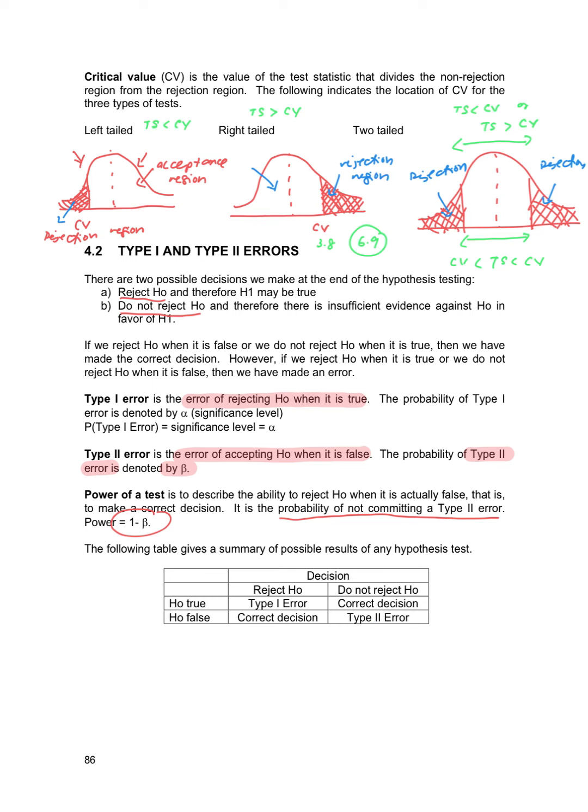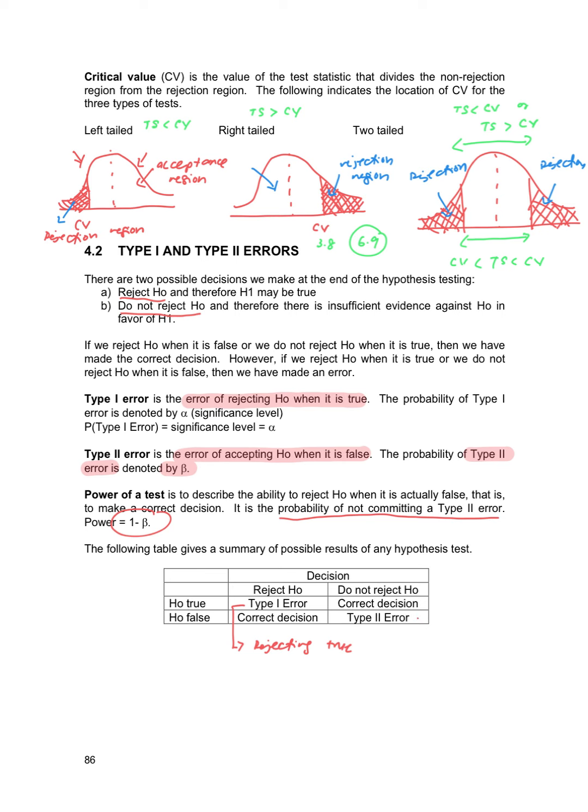So satu lagi nak ingat, type 1 error, rejecting true, keyword dia rejecting true. Maksudnya H0 is true but we reject dia.